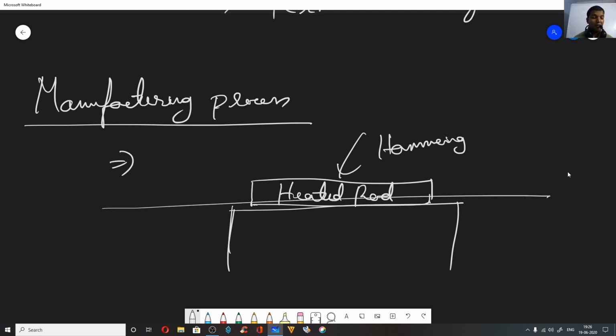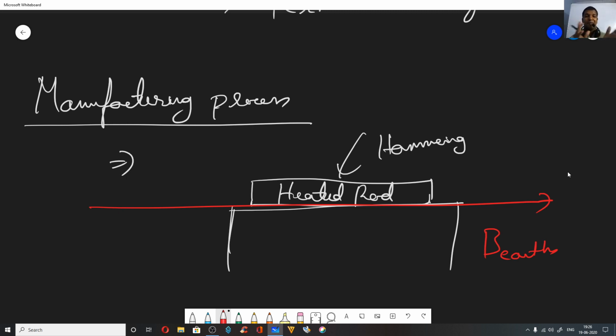They at least noted that if you keep it in the north-south direction, the Earth's magnetic field is the external field for that heated rod. Since it is heated, there will be so many random thermal vibrations.